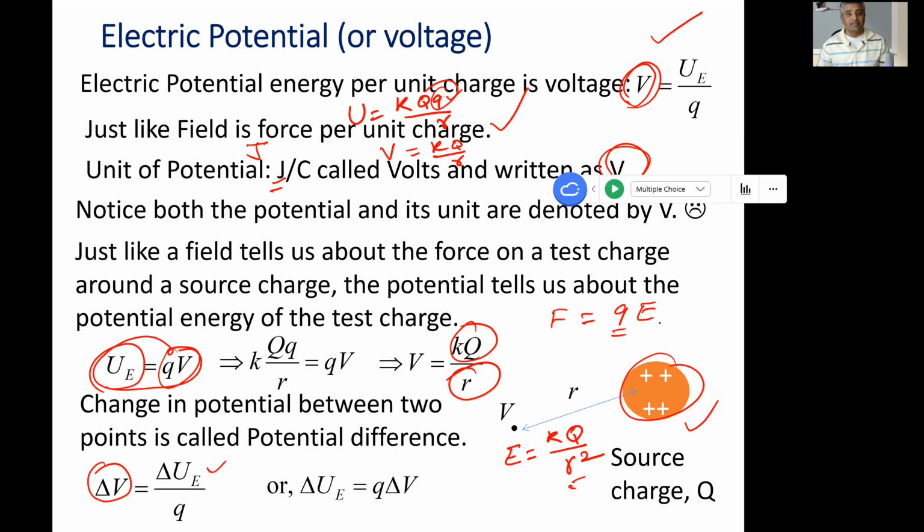Same idea here. Now we're going to use conservation of energy to solve some of these problems, where the energy is now electric potential energy. We had gravitational potential energy, we had elastic potential energy. Now we have one more, which is electric potential energy.